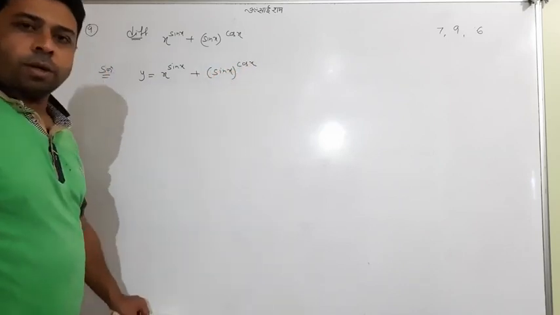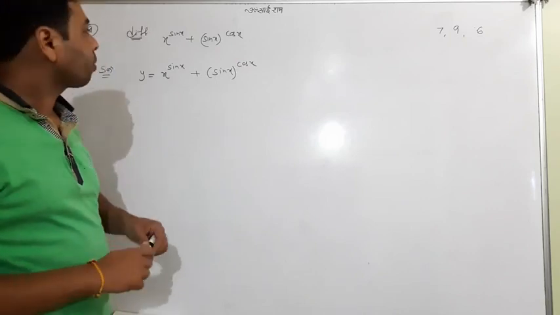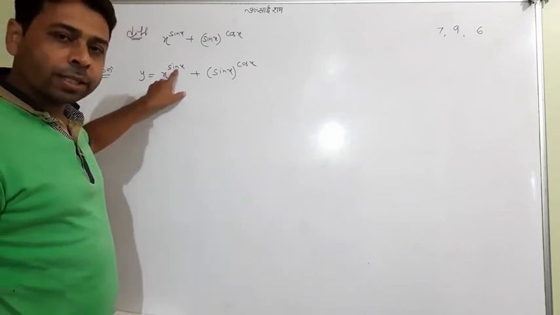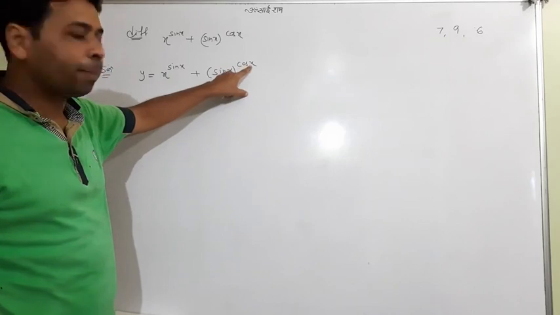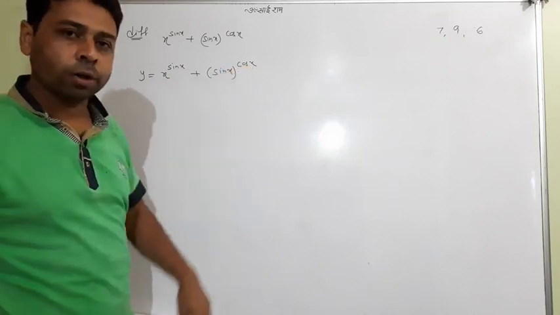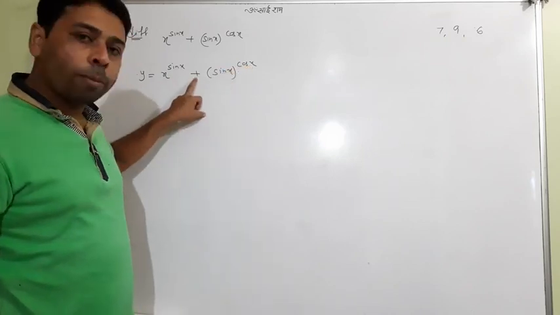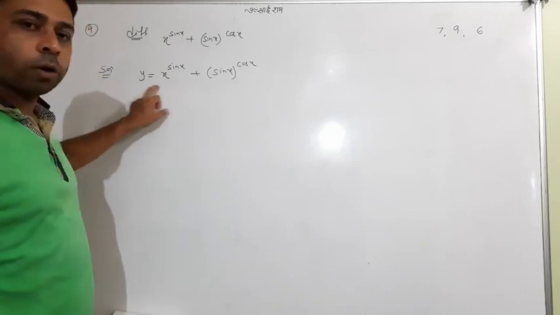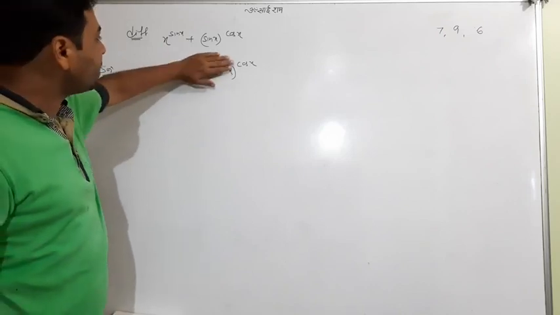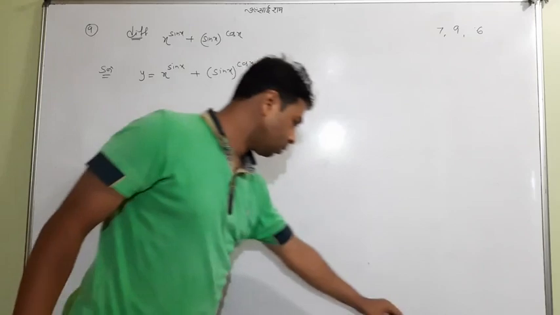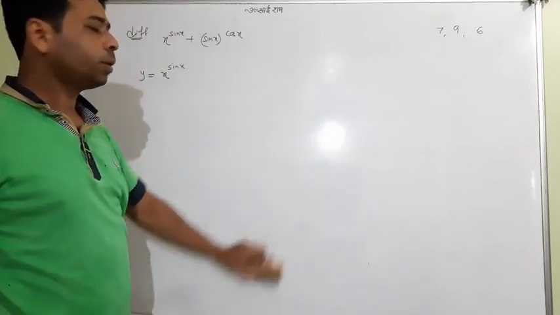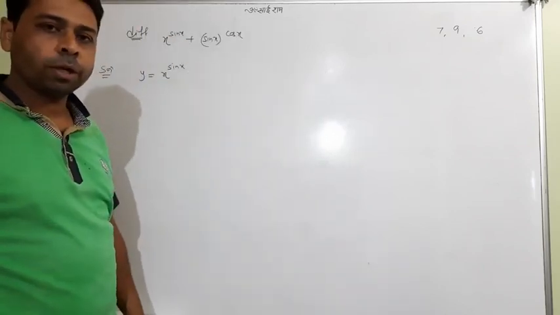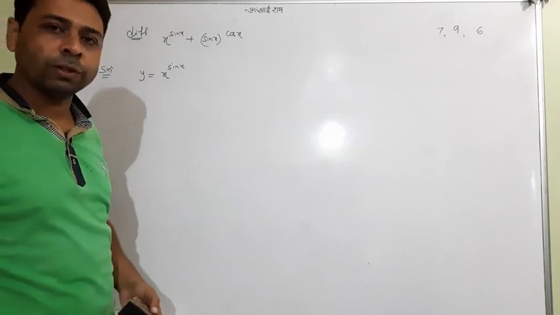As I taught you, the function of x is coming in power. Both require log. But when there is a plus or minus sign between them, you can't take log. If you have a single term, suppose the question is this, you can take log on both sides, because it is a single function without plus or minus.